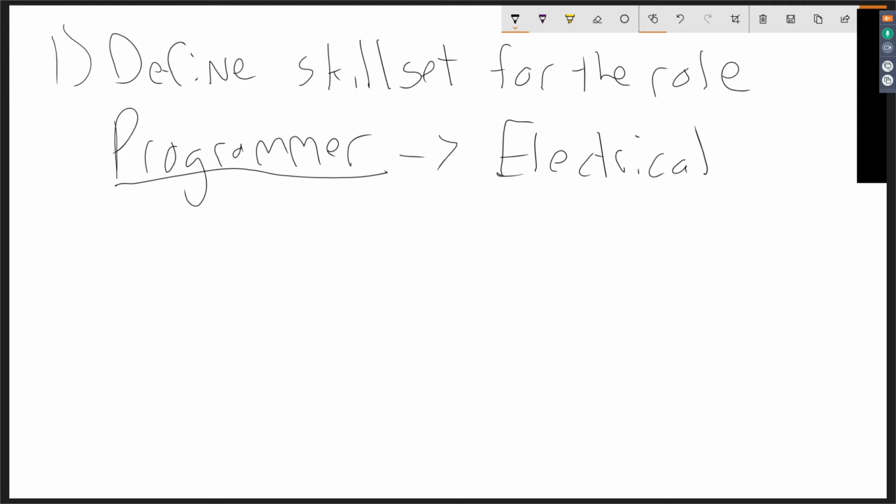But they don't necessarily need to know electrical fundamentals. They need to know what kind of outputs they're commanding, but they don't need to know the deep and dirty aspects of electricity. In addition, a programmer does not necessarily need to know IT. I know this is shocking because I beat the drum all the time about how important learning IT is for building automation professionals. And it really is very important.